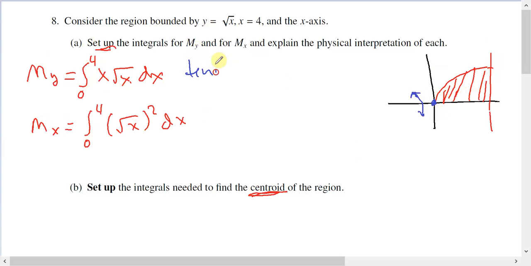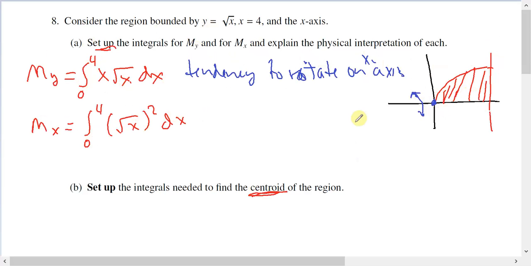So this is the tendency to rotate on the x-axis or in the y direction. So whichever way you want to say it, on the x-axis or in the y direction.